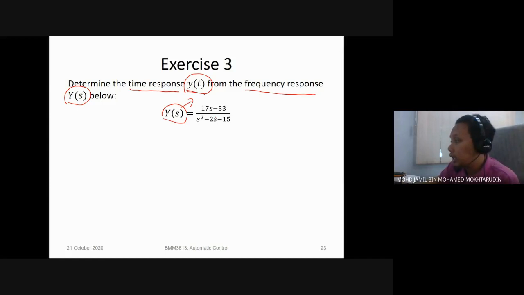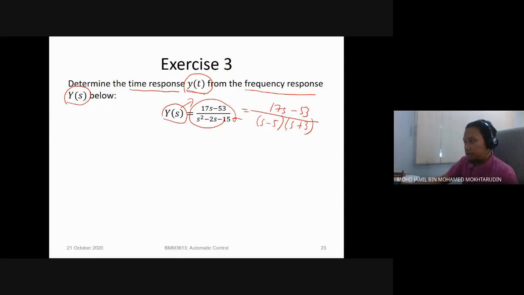So here ys is in one fraction, so you need to split them using partial fraction. The first step is you need to factorize the denominator. Here you get s minus 5 times s plus 3. Okay, you already factorized the denominator, so from here you can split them into two fractions.